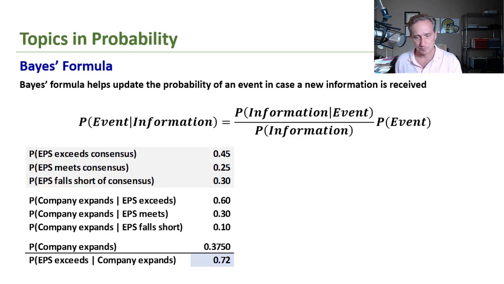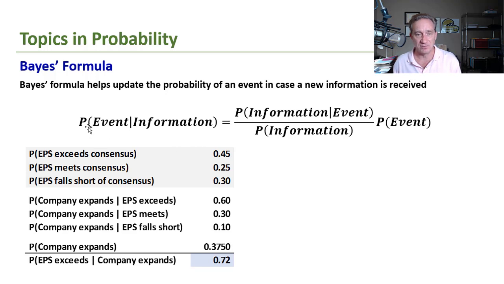So for Bayes' formula, that's actually a whole big topic that's interesting in its own right. And by the way, I have several videos on the channel on different applications of Bayes' formula, including some more advanced applications. But here is the version that's in the CFA syllabus.